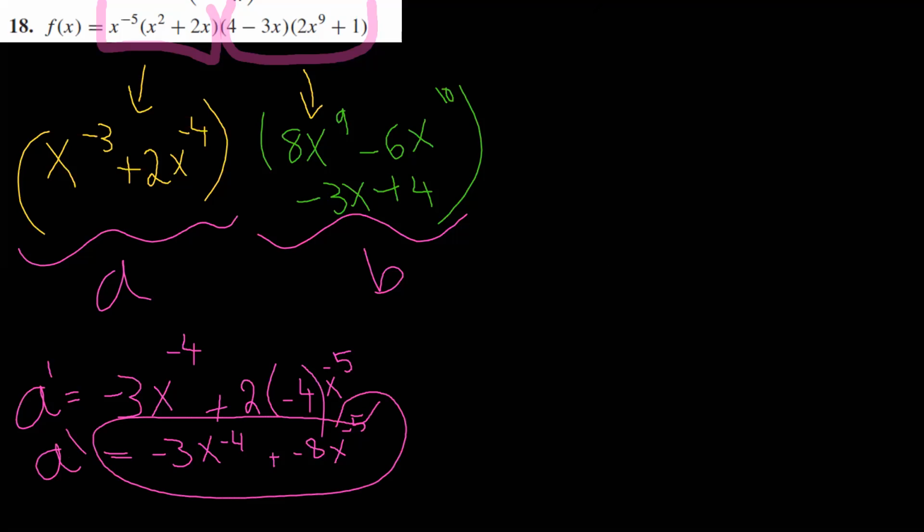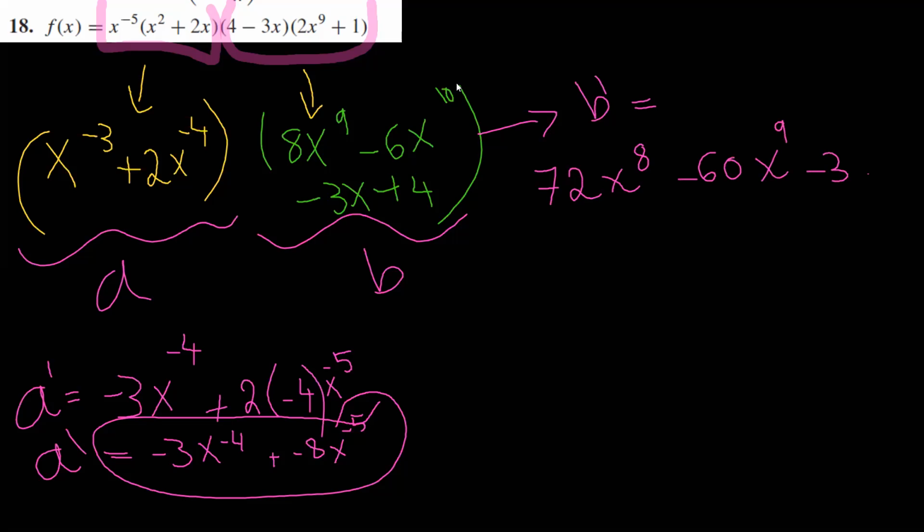Now let's find B. B prime, it will be 8 times 9, 72. So you will say it is 72x to the power 8 minus 60x to the power 9 minus 3.